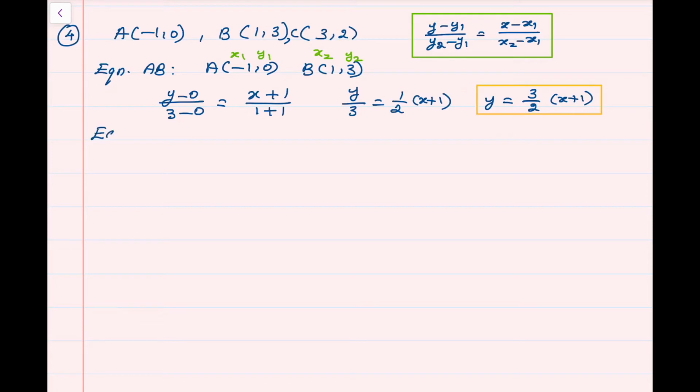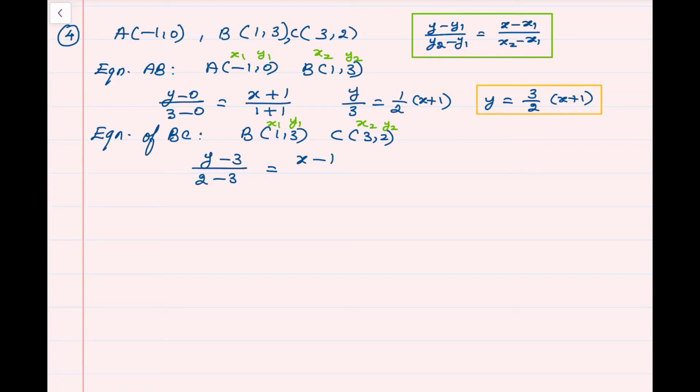Now, let us find the equation of BC. B point is 1, 3, C point is 3, 2. Let us take B as x1, y1, C as x2, y2. You may interchange and take also, does not matter. Y minus y1 divided by y2 minus y1 is equal to x minus x1 by x2 minus x1.